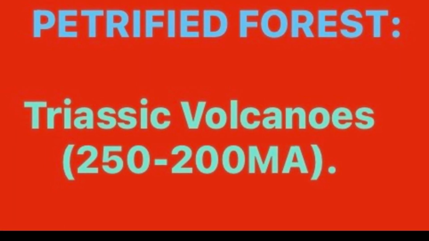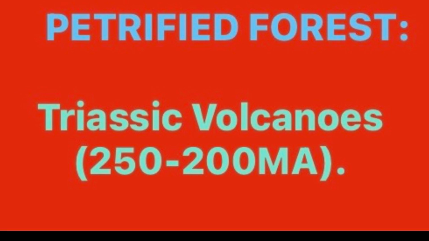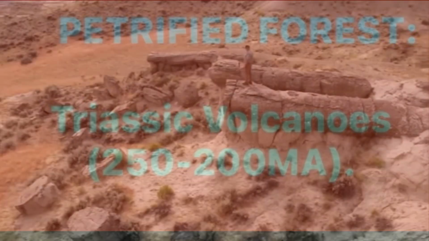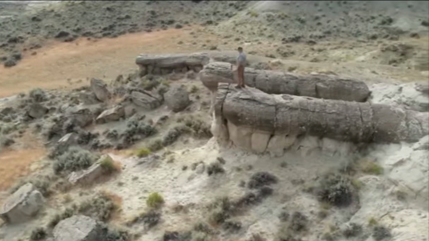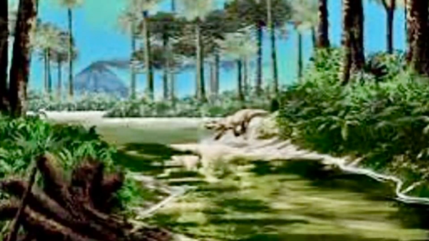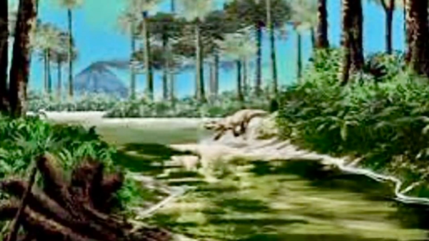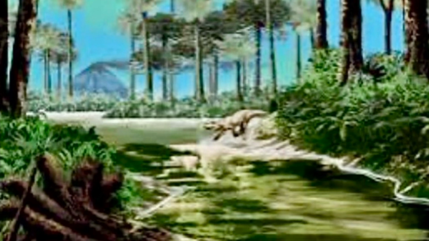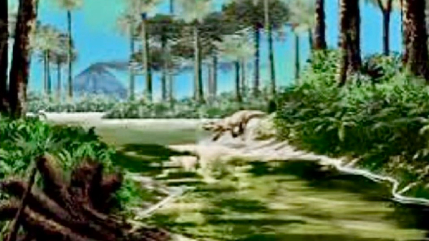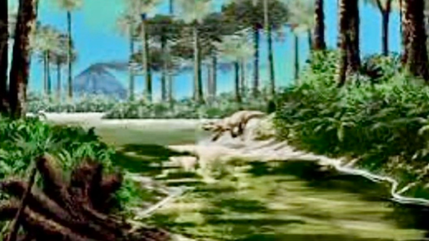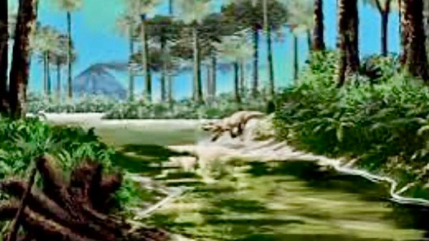Now we go to the Petrified Forest National Park in Arizona. It is a desert today, but it hasn't always looked like this. During the Triassic period, which lasted from about 250 million years ago to 200 million years ago, it was lush forest with semi-tropical rivers flowing through it.